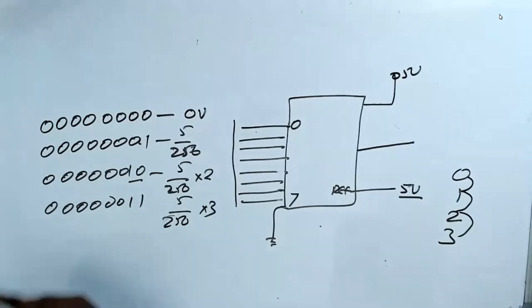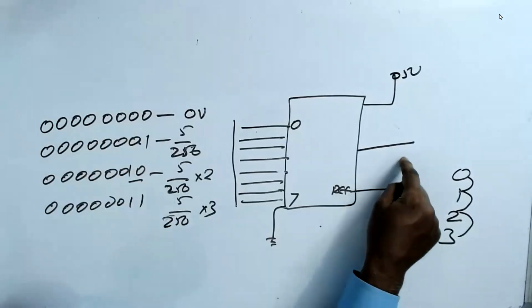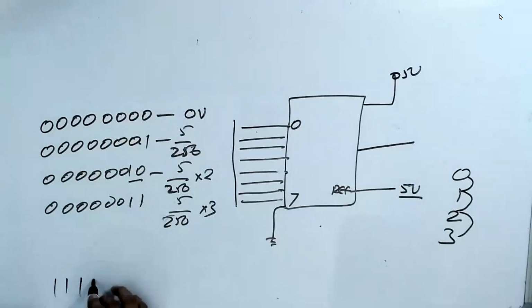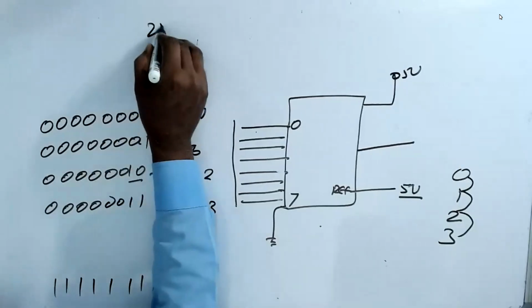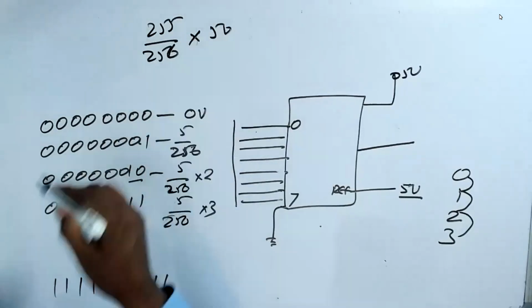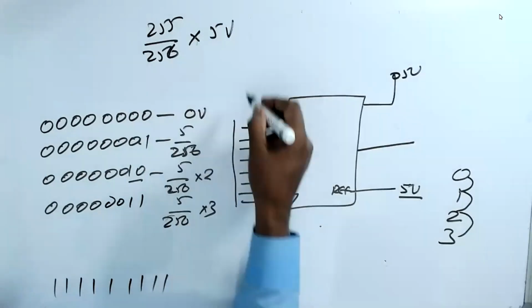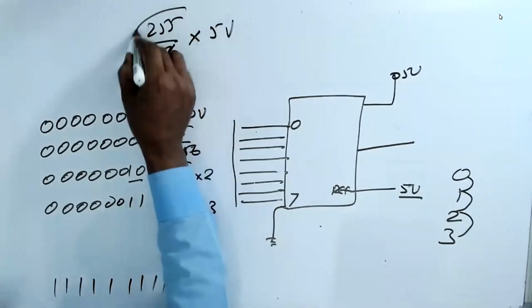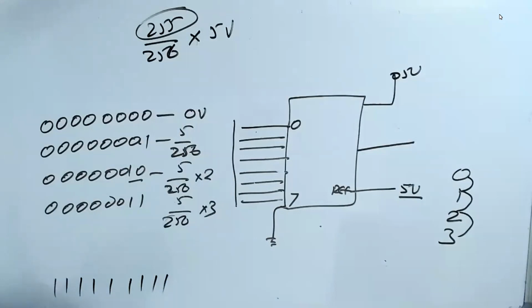So if you give me any number, I will tell you the voltage outside. If I give all 1s, what is the voltage? 255 divided by 256 multiplied by 5 volt. You don't get the exact 5 volt; if I give all 1, I get only 255. Understand?